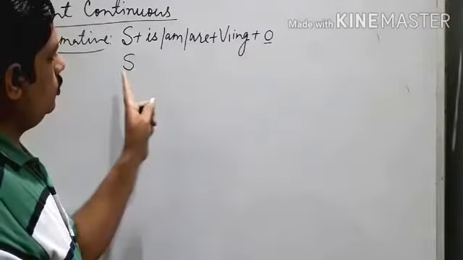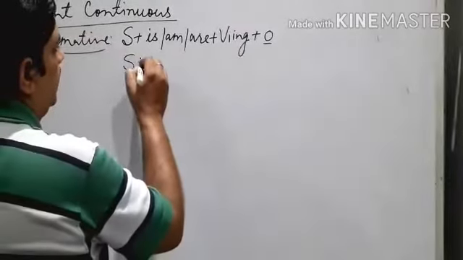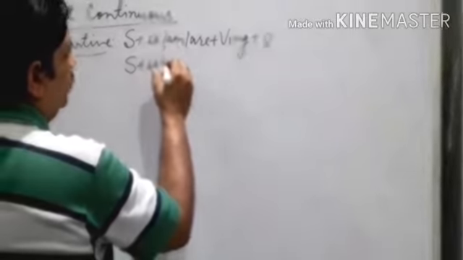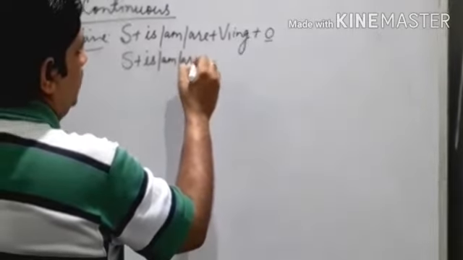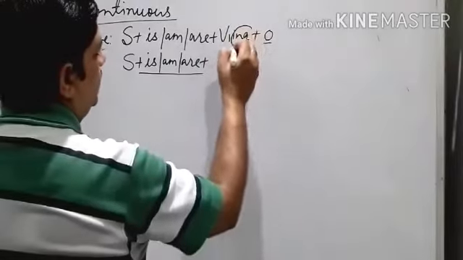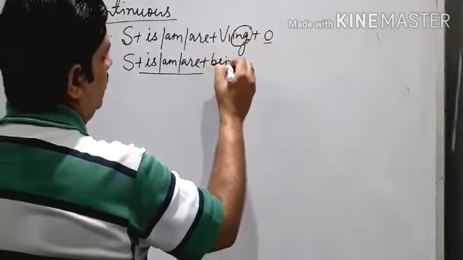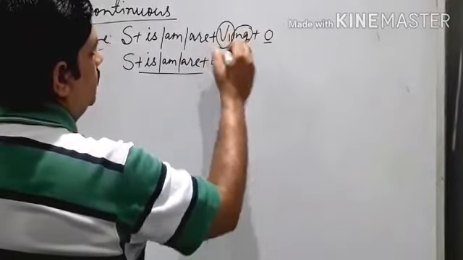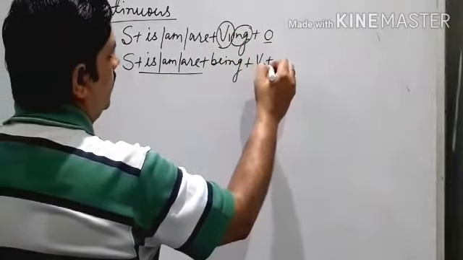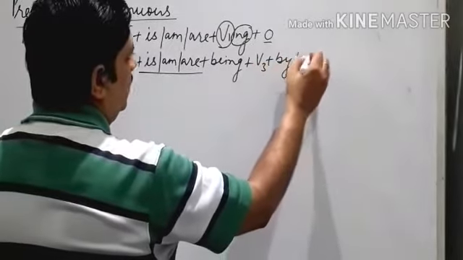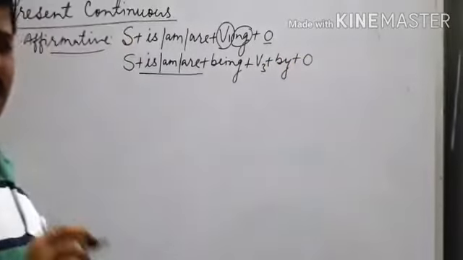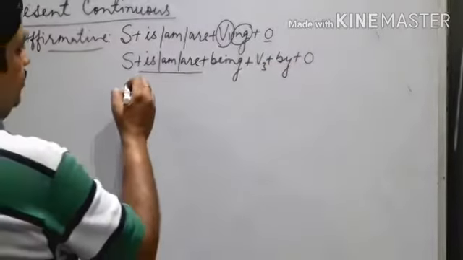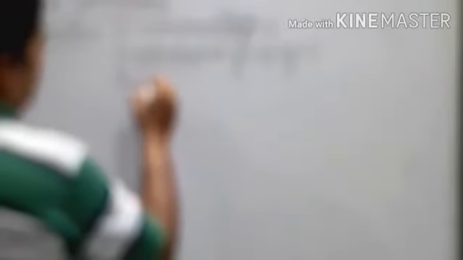Then we use is/am/are according to this object, and we convert this ing into being. Then convert this first form into third form. Then we use by and object. Very easy it is.